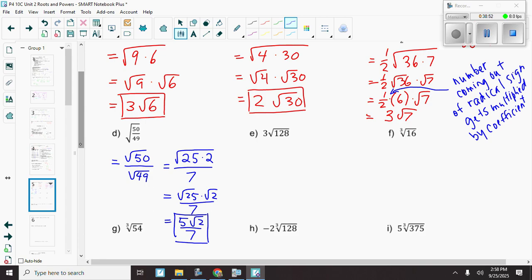I think with this one, I'm going to show you what happens if we don't pull out the highest perfect square.